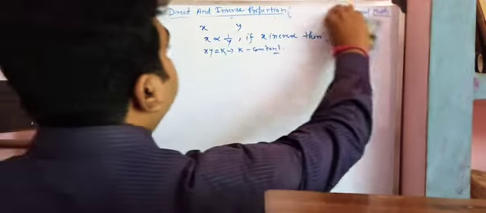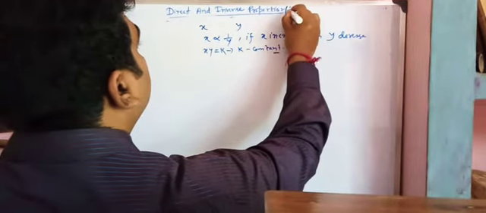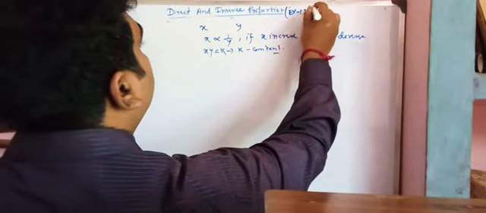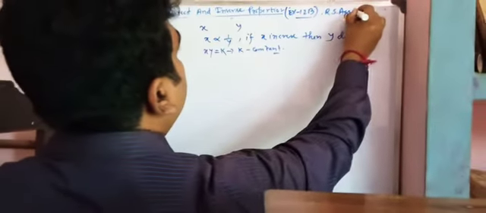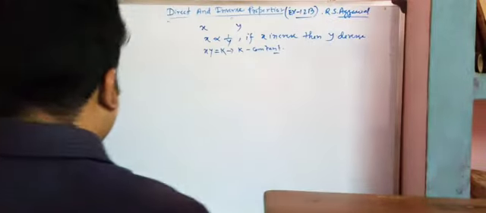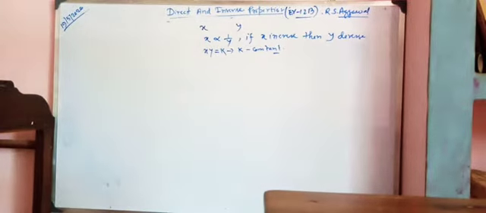Agarwal math book, EX 12b. EX 12b of R.S. Agarwal. Okay, so here comes the first question of 12b. Observe the table given below, and in each case find whether x and y are inversely proportional or not.